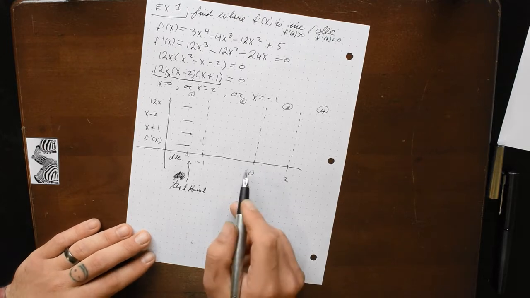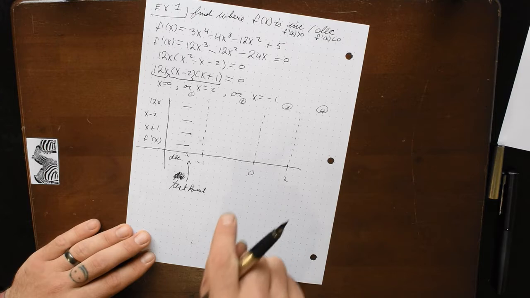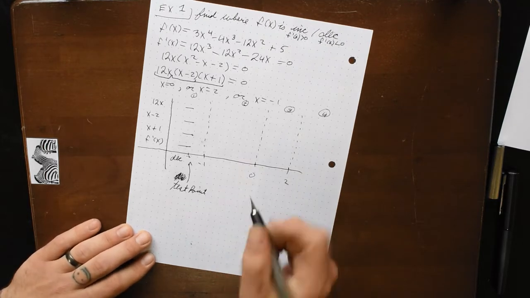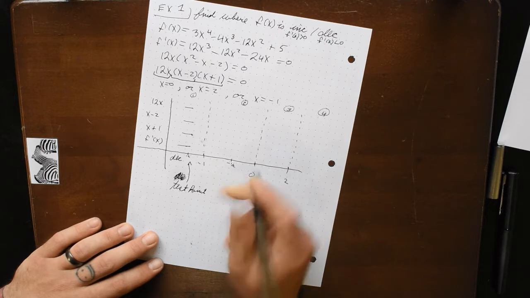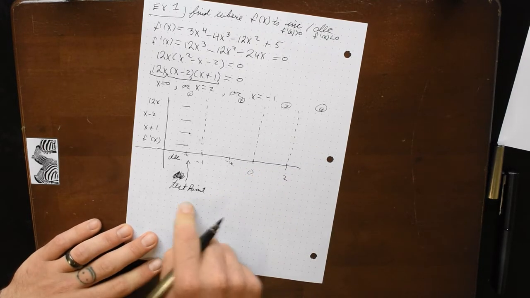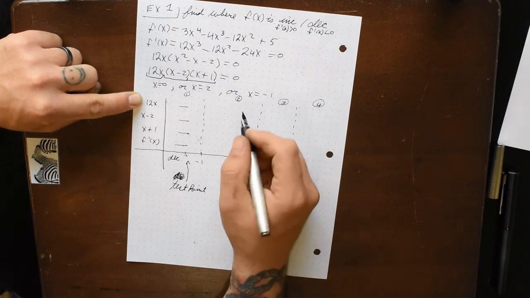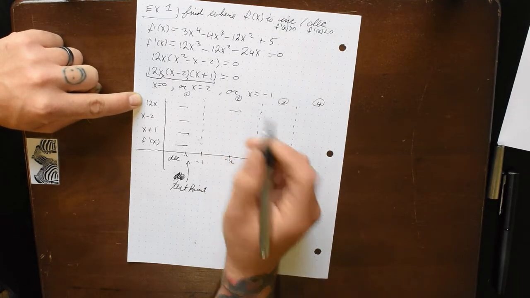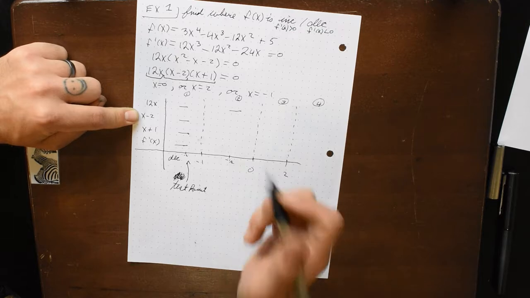Now, we pick any number between -1 and 0. You can't pick the endpoints, you can pick any number in between. -1/2 is in the middle, so I'm going to pick that as our test point. Now we go through. -1/2 times 12 is -6. We care that it's negative. -1/2 take away 2 is -2.5, -5/2.